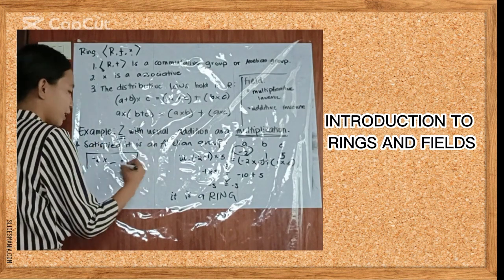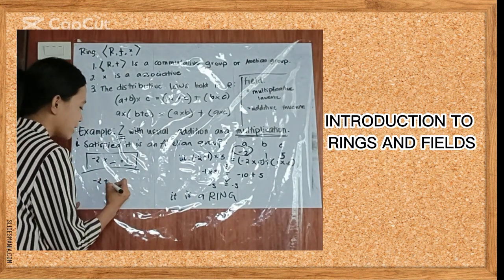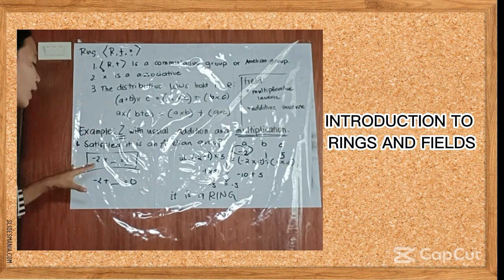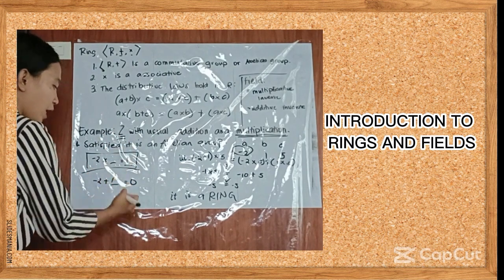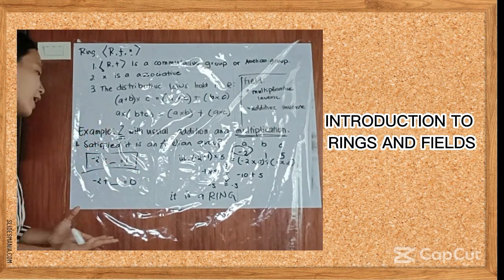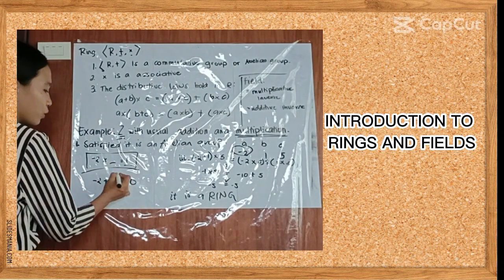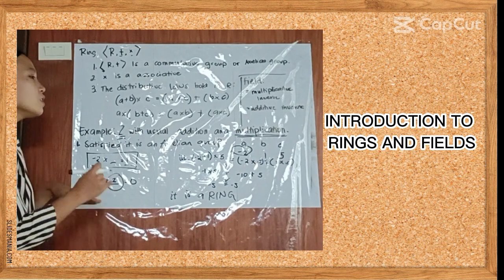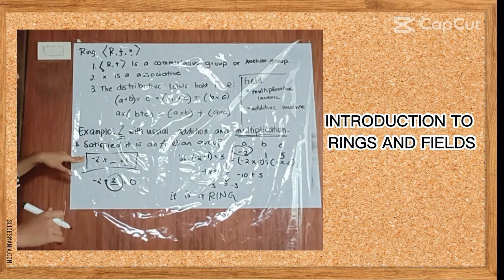Since we cannot find it, let's proceed to additive inverse. -2 plus any number should be equal to 0. What number should we add to -2 so that we can get 0? 1? -2 plus 1 is -1, which is not 0. Let's try again. 2. -2 plus 2 is equal to 0. So, 2 is the inverse of -2 under addition. Since we already have the additive inverse for -2, let's proceed to multiplicative inverse.